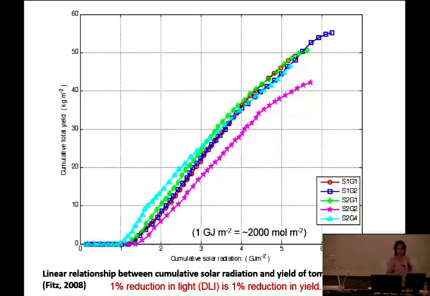This is a commercial greenhouse tomato production yield curve, and there's a lag time because there's a vegetative growth period before the harvest, and then the harvest starts. So this is a cumulative yield of tomato fruits over the cumulative energy, solar radiation, which is 300 to 3,000 nanometers.